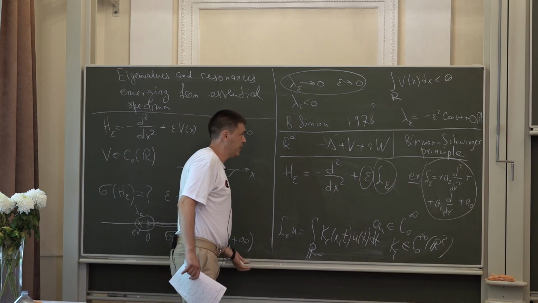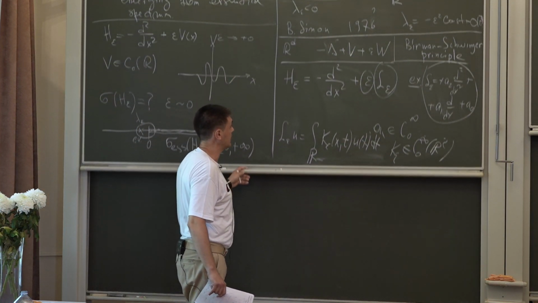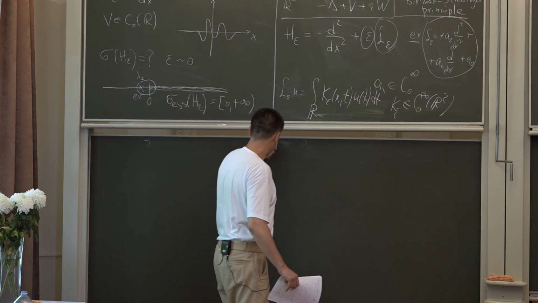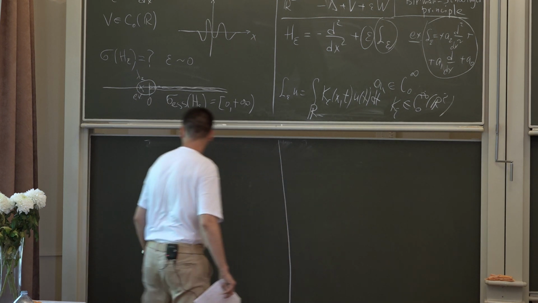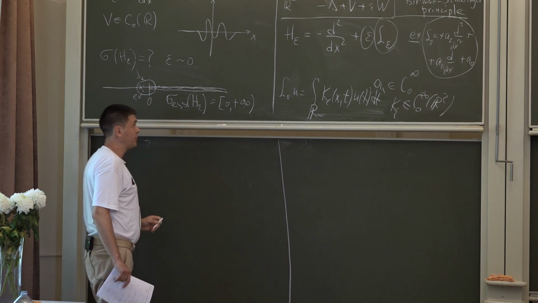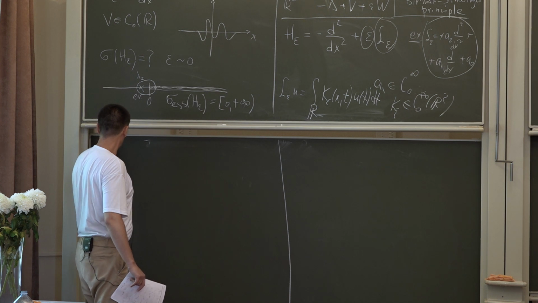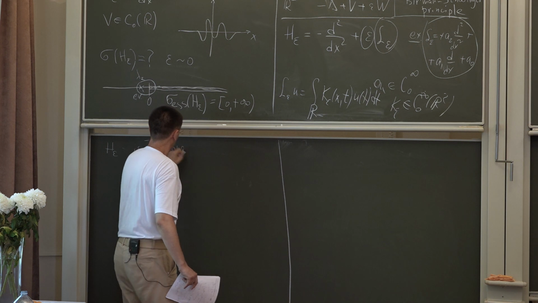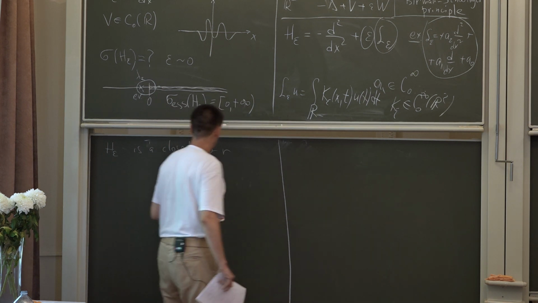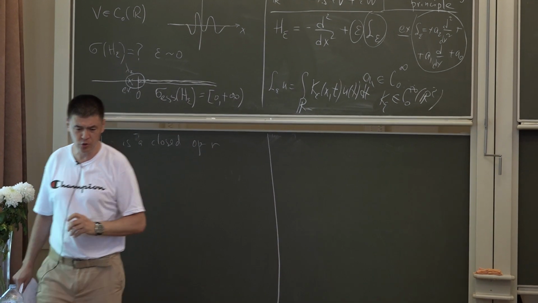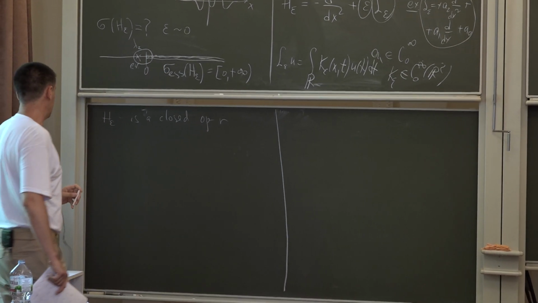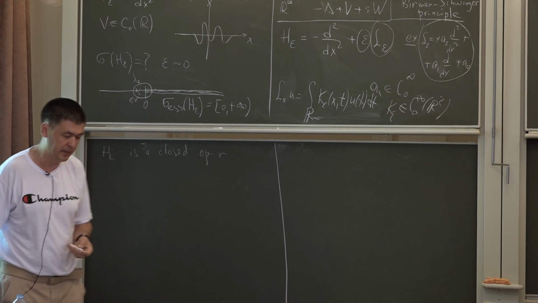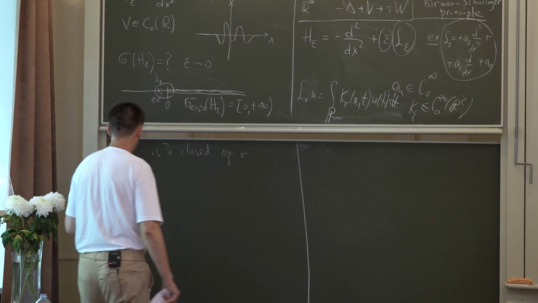And since now we are in a non-self-adjoint setting, I would prefer to fix the notations a little bit. So all operators I shall deal with will be closed. Just think that H epsilon is good enough so that we can speak about its spectrum.